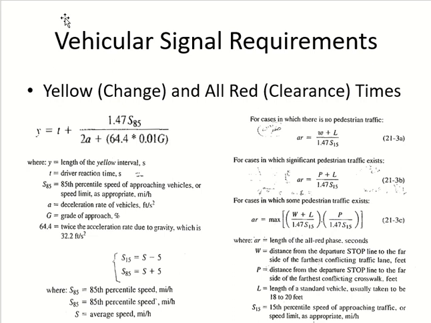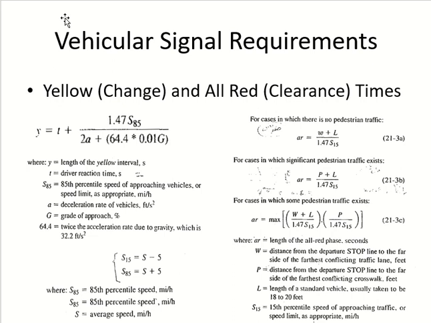If you don't have this, then 15th is average minus 5. 85th is average plus 5, 15th is average minus 5. But the ideal thing is you should have the curve. So this is the case where you don't have any pedestrians.